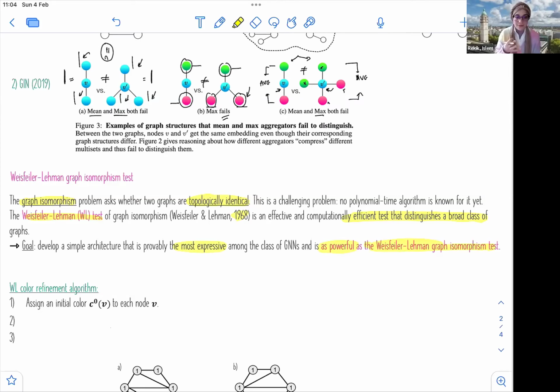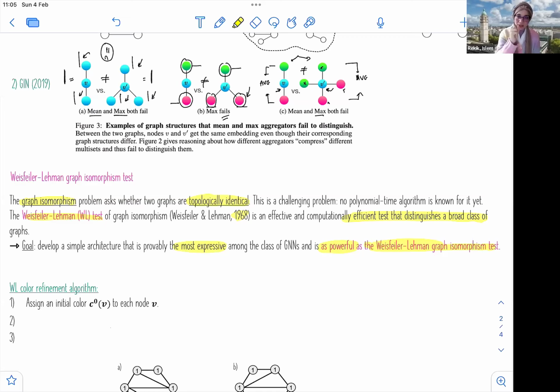If we have an architecture that allows us to distinguish between topologies as well as the WL isomorphism test, then we can say that our GNN is expressive because it can aggregate these different topologies differently. This is really important.